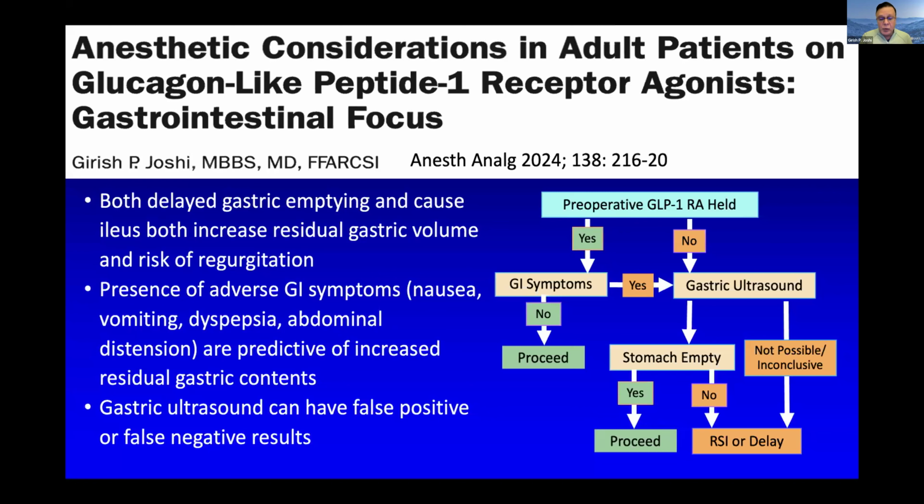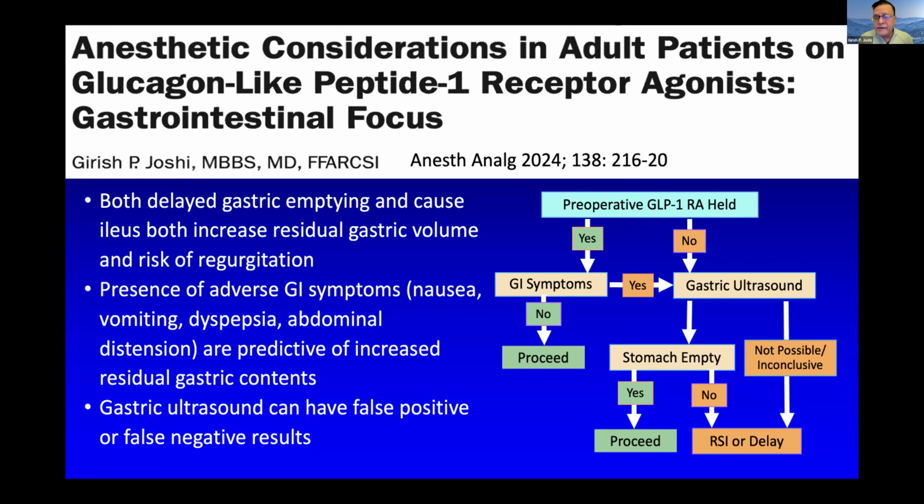Furthermore, though we recommend gastric ultrasound, please be cautious that there's a possibility of false positive and sometimes false negative results, and false negative results can burn us because you might think the patient's stomach is empty.